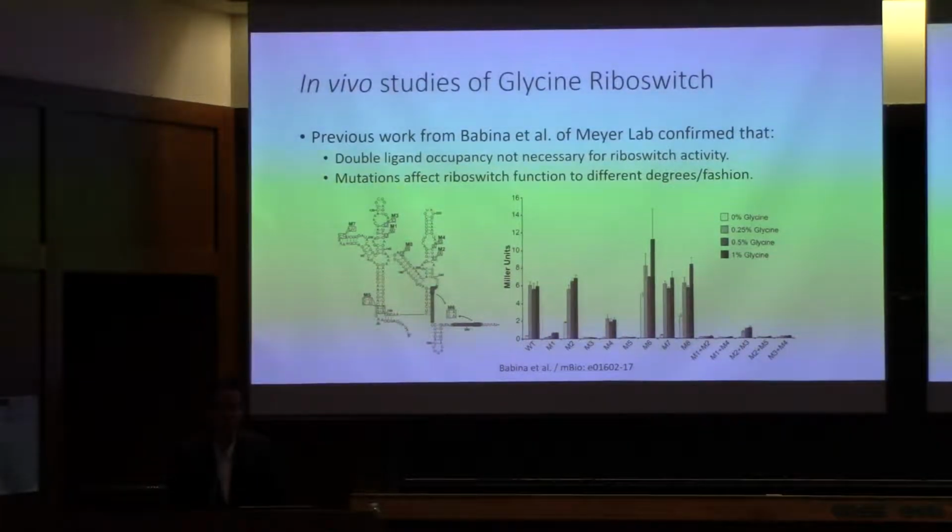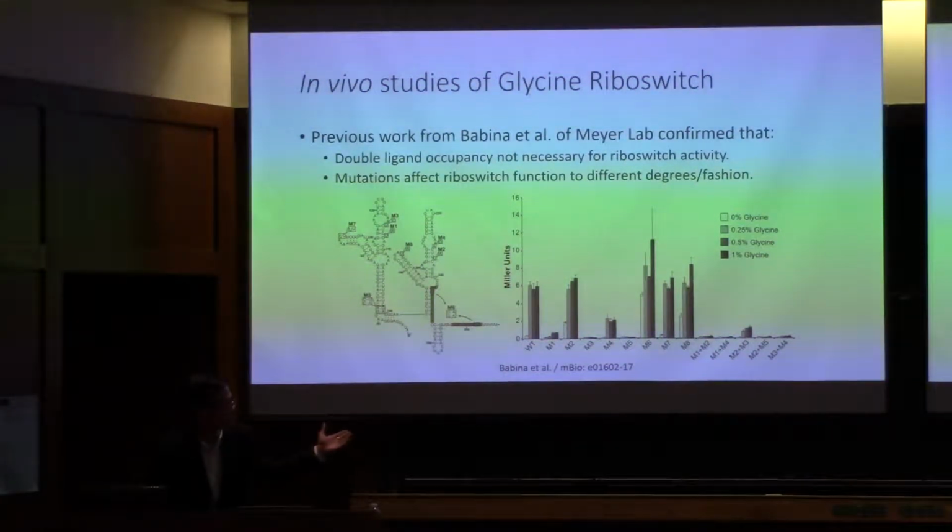The Meyer lab has worked on the function and activity of the riboswitch in vivo before, and we found that double ligand occupancy is not necessary for riboswitch activity, that is, it is not cooperative in vivo. And also, different mutations affect the riboswitch differently.